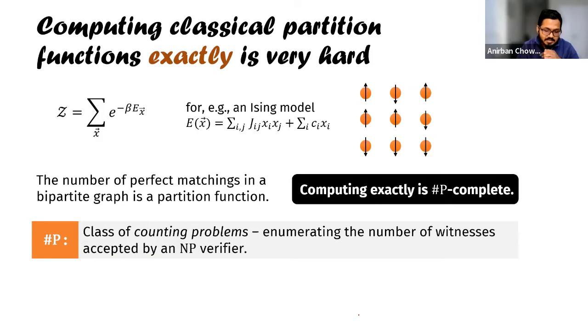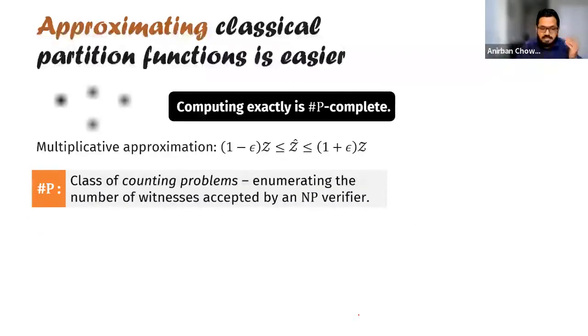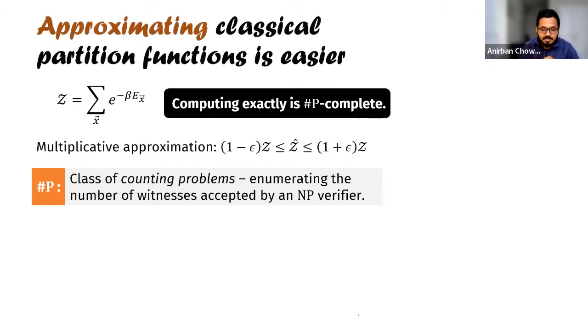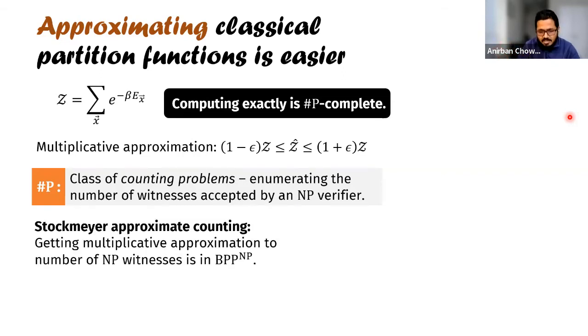Now, it turns out that sharp P is a very huge complexity class. But if you ask for an approximation to this classical partition function, in particular a multiplicative approximation as given over here, this turns out to be a much easier problem, thanks to a nice relation between the partition function and counting. There's a fundamental result by Stockmeyer, which shows that we can count the number of NP witnesses approximately given a probabilistic classical computer running in polynomial time, with the ability to query an NP oracle a polynomial number of times.